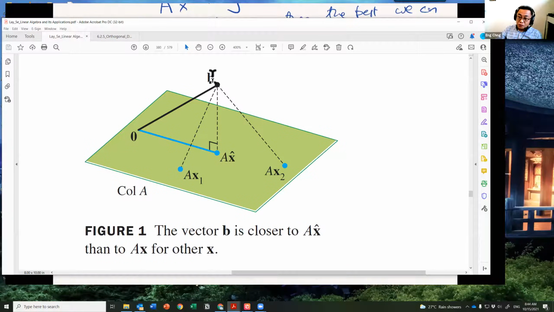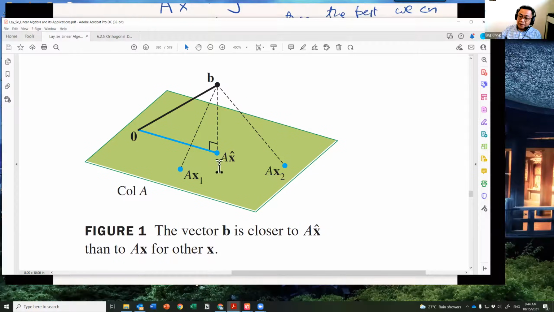So we want to find a point on the space such that it's the nearest to b. We can move it anywhere. If A times x1 reaches here, A times x2 reaches here, A times x hat reaches here, because you can find any linear combination. x1, x hat, x2 are different, so you reach different points.